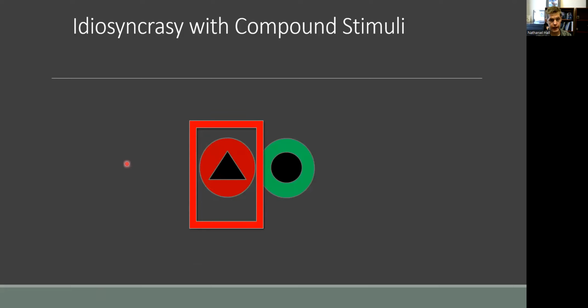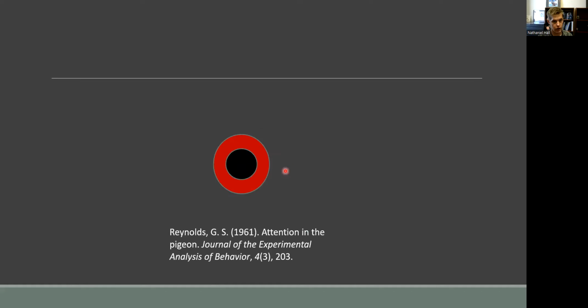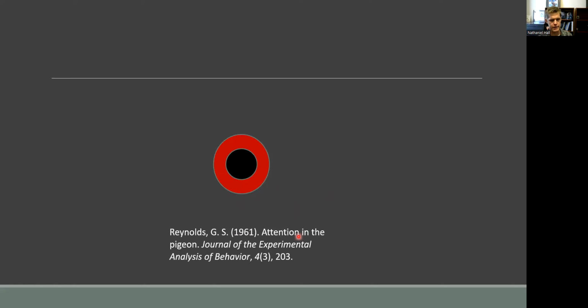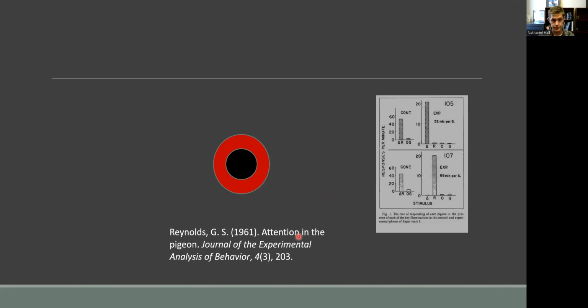Other animals will indicate that it is a non-target stimulus because it is the same shape as the non-target stimulus. So in these cases, it's actually an ambiguous trial. Should you respond? Should you not respond? And if all you've been trained with are these two stimuli as cues, it can actually be kind of difficult, and there might be idiosyncrasy in terms of what is attended.